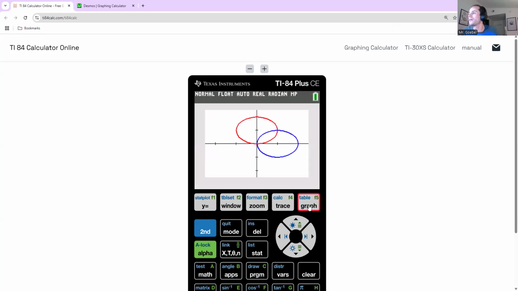When I go to graph it, there you go. Mine is zoomed in a little bit. I played with it before the recording started. You might have to zoom in. But there you go. You can see your two polar graphs. The blue one is the cosine graph. The red one is the sine graph. And what these are, I'm going to change screens back to the notes here, is both of these are circles.